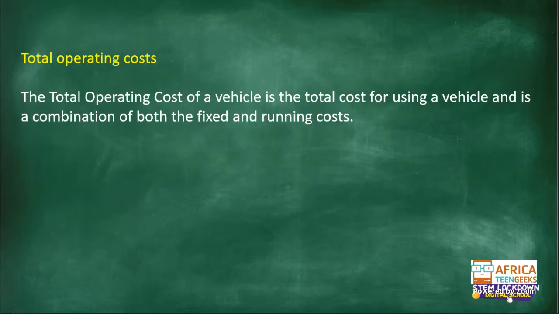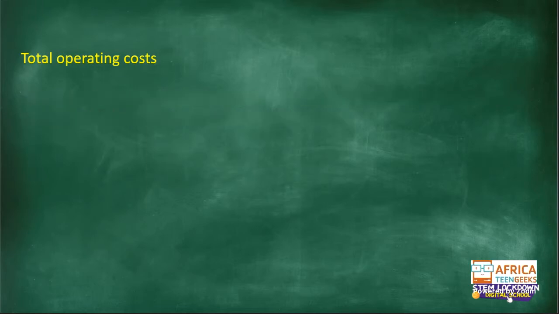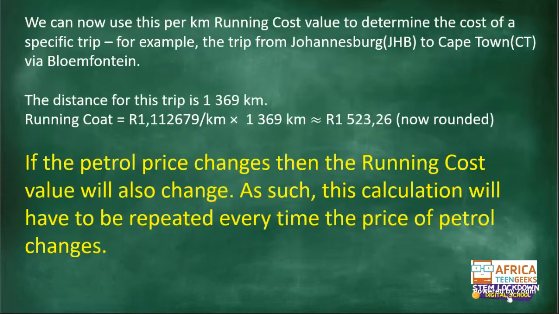We found it to be 1 rand and 11 cents. And then you multiply that with the distance for your journey from Johannesburg to Cape Town. And then that actually gave you the running cost. So what we have here is just the running costs per kilometer. So for 1,369 kilometers, this is how much it will cost you. These are the running costs for your vehicle.